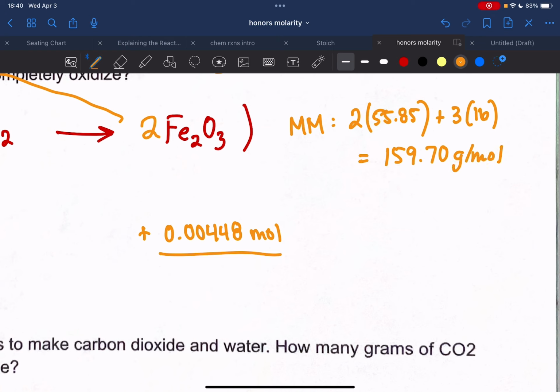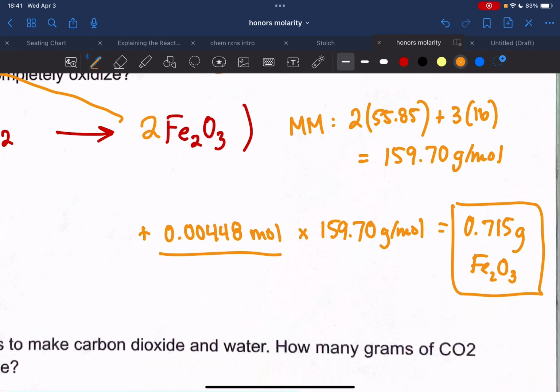So to get from moles to grams, I multiply by my molar mass. So I'll multiply by 159.70 grams per mole. And this gets me my final answer of 0.715 grams of iron 3 oxide. And there's my final answer.